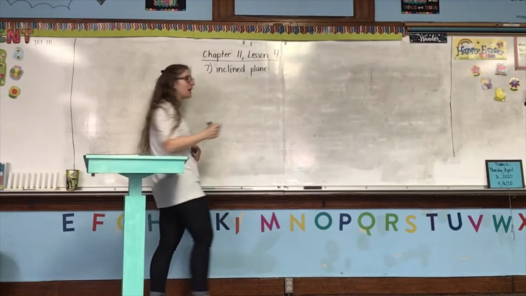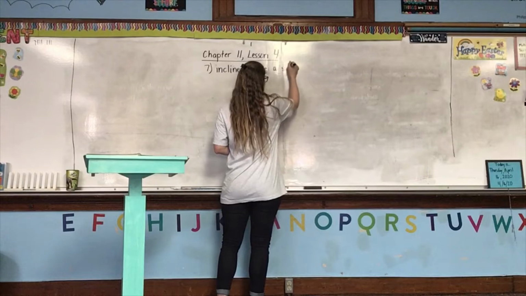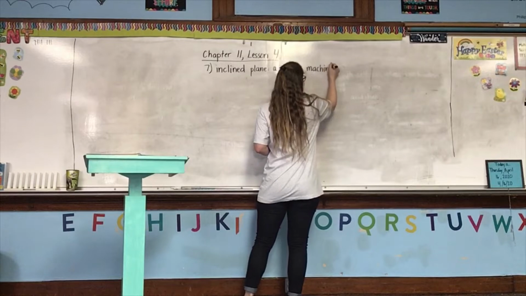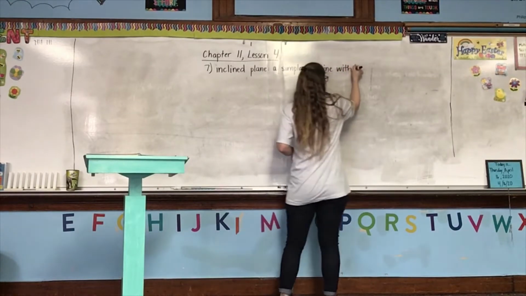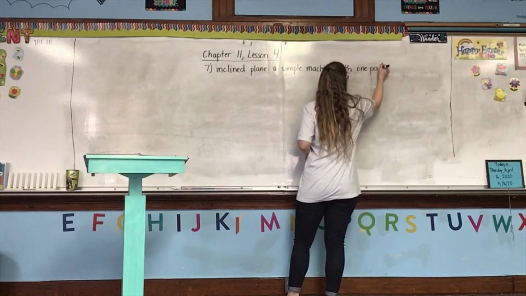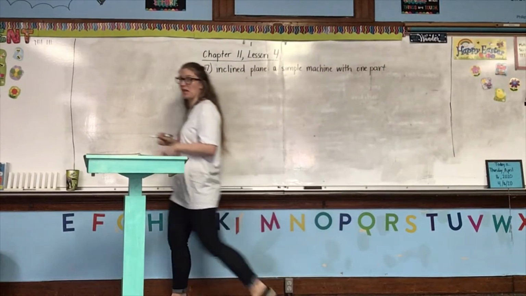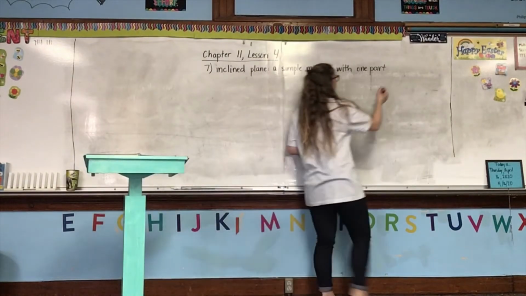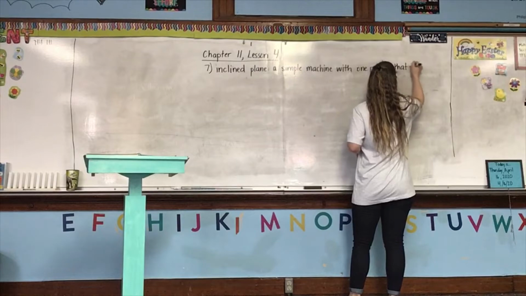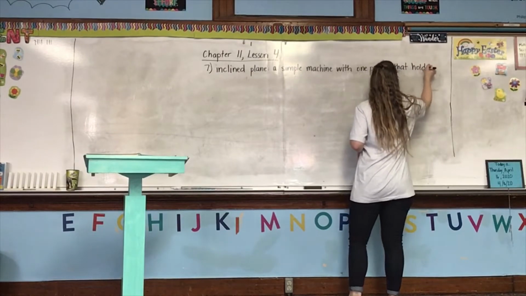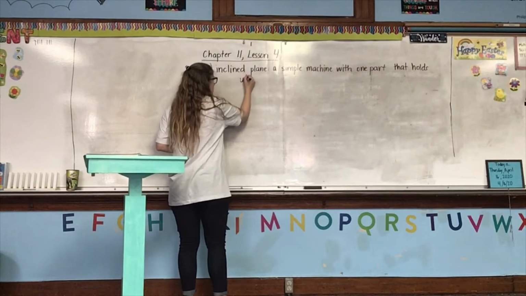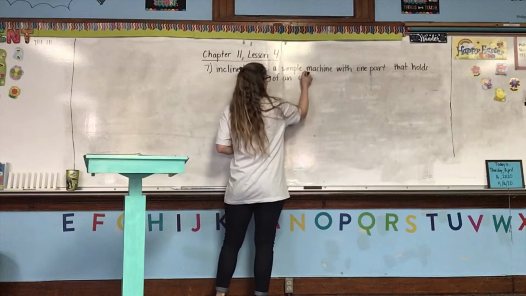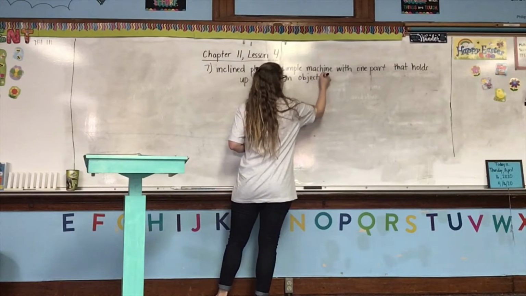And an inclined plane is a simple machine with one part, so it's a simple machine with only one part that holds up most of an object's weight.